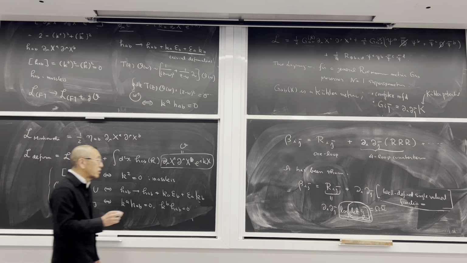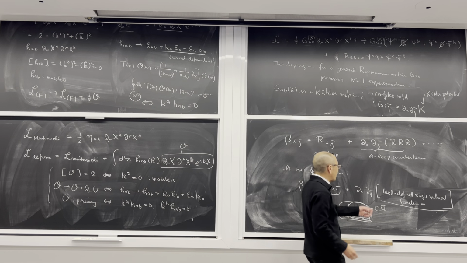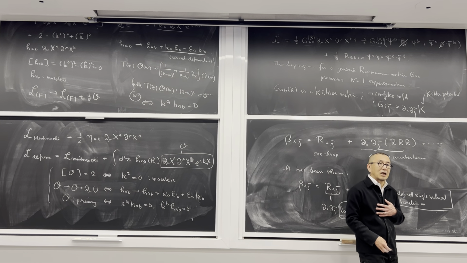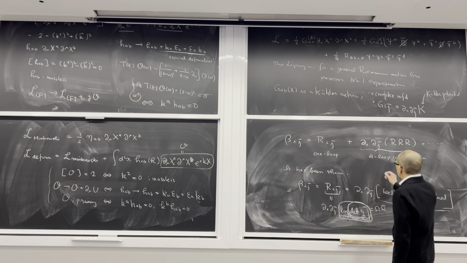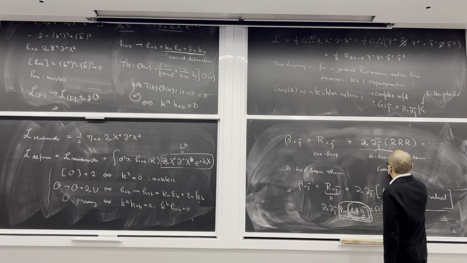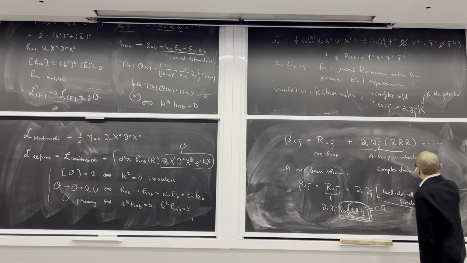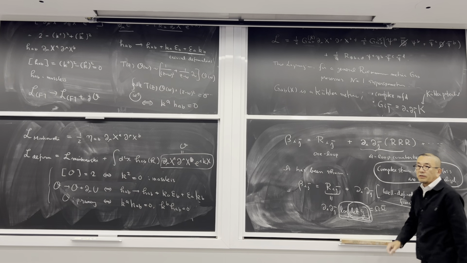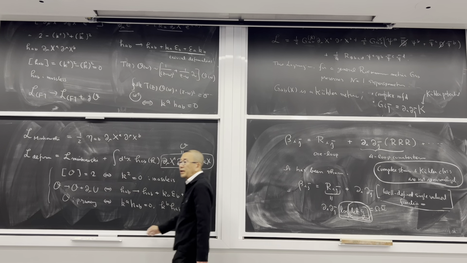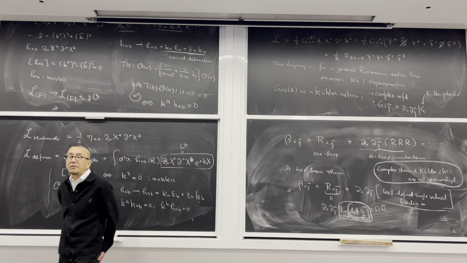But we do know that at each order in the perturbative expansion, we can adjust the appropriate counterterm to make it conformal. And what is great is that the complex structure and the Kähler class are not renormalized. So these are not renormalized. It's only the more detailed structure of the metric that is renormalized.